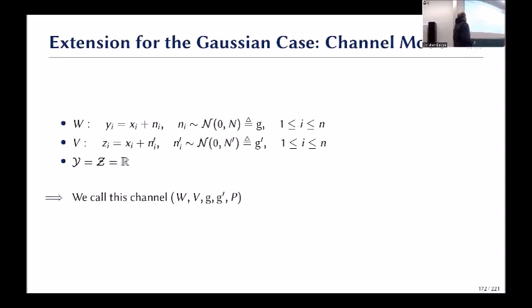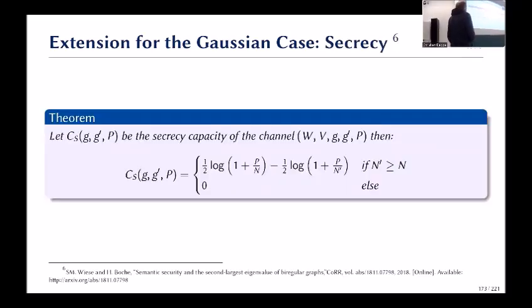We assume the same alphabet here, and we call this channel W, V, G, G prime, and if C_G,G' of P is the secrecy capacity of the channel, then for transmitting we know that we have this result. That's just putting in what we have before.